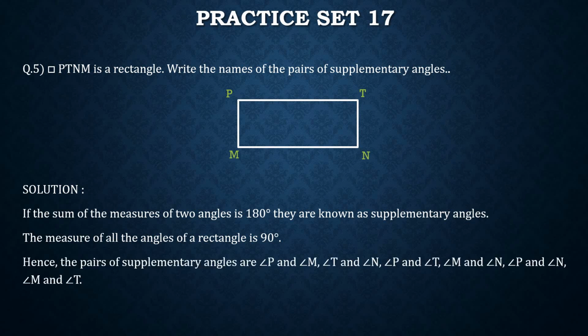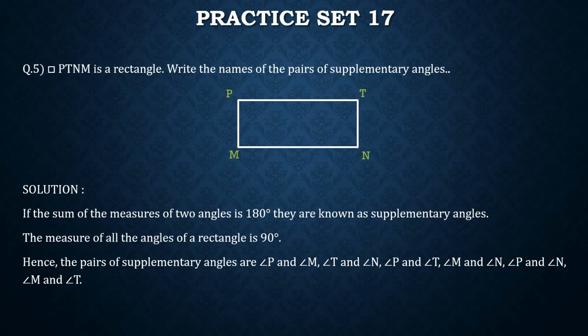Hence the pairs of supplementary angles are angle P plus angle M, angle T plus angle N, angle P plus angle T, angle M plus angle N, angle P plus angle N, angle M plus angle T. Because angle P is 90, angle M is 90, 90 plus 90 is 180.